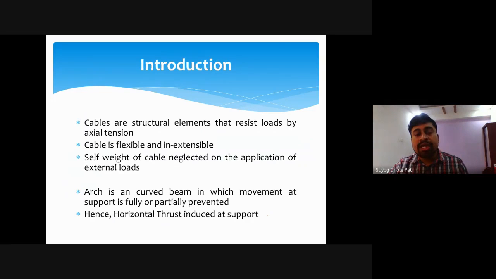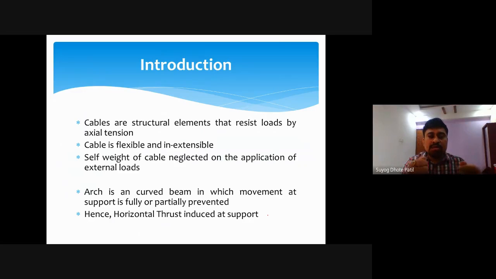So, introduction: cables are structural elements that resist loads by axial tension. Cables are pulled by two supports, so ultimately it is tension. If one thread is pulled by two hands, that thread will be under tension. A thread is like a prototype of an actual cable.